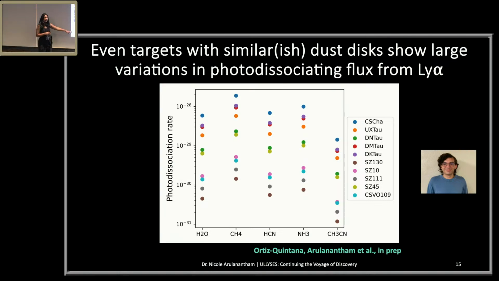On the y-axis here, we're looking at the total amount of photodissociation at wavelengths corresponding to water, methane, ammonia, and CH. And so you can see that again, even in this population of K and M type stars that have very similar dust disks, we have a spread of about 2 orders of magnitude in the amount of photodissociating Lyman alpha radiation into that innermost disk. So this is, again, we really need to have observations of the UV to understand what's happening.